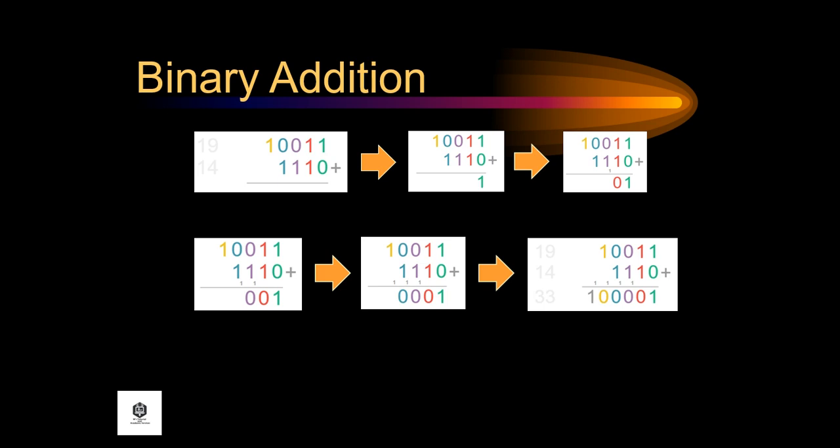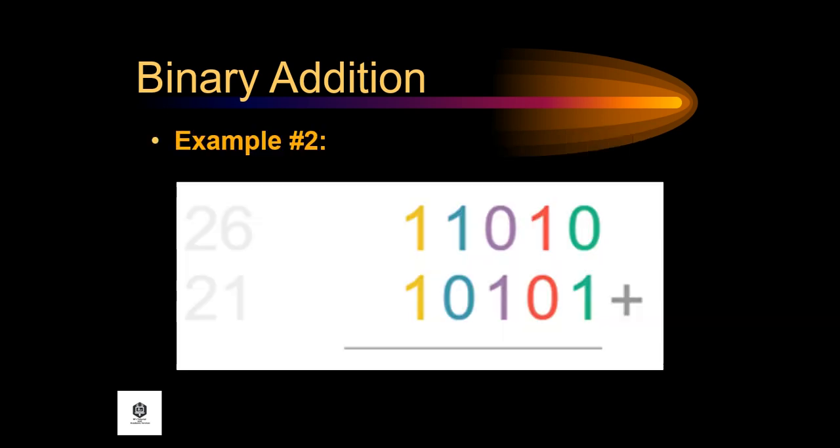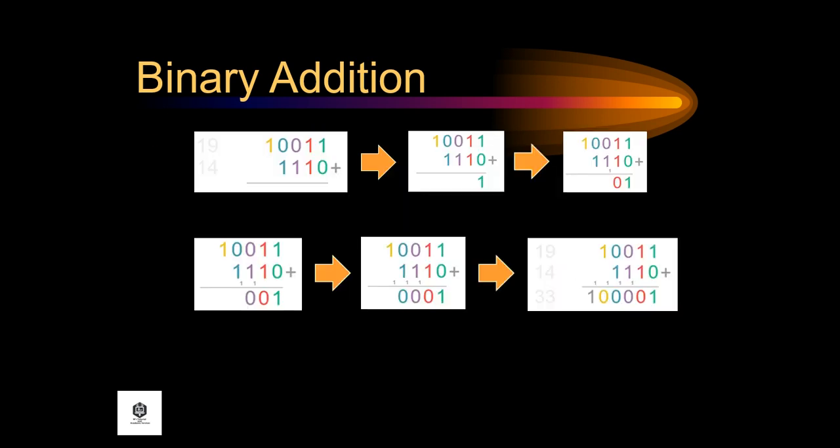Then 1 plus 1 is equal to 0, carry over 1. Then the 1 is brought down. So the answer for the first example of binary addition is 100001, or the number 33 in decimal.